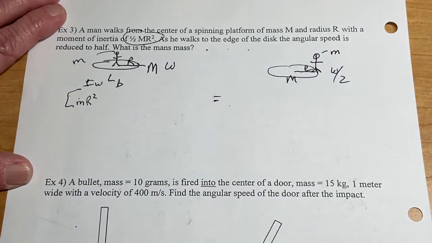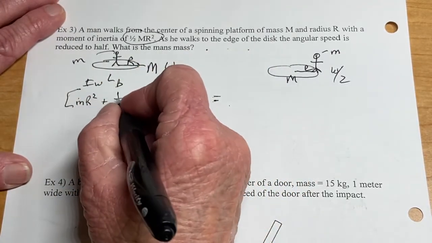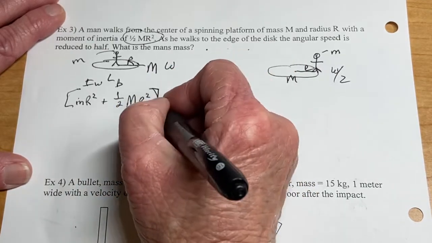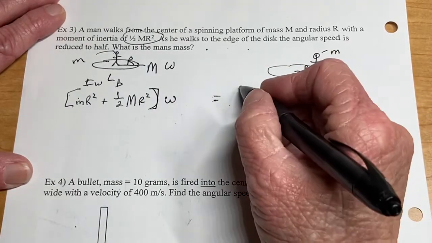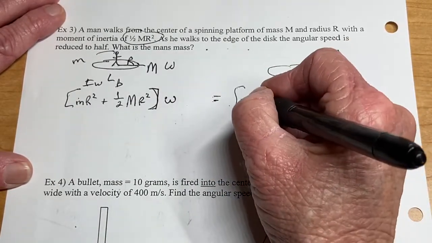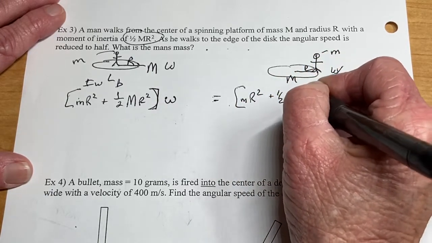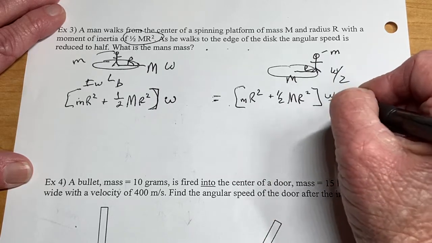Plus you have the disk, but that's a 1/2 capital M r squared. I'm really bad with these brackets. Omega. The other side, he's little m r squared plus 1/2 capital M r squared. It really doesn't change. Times omega over 2.